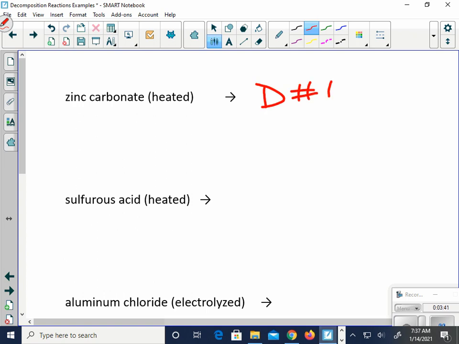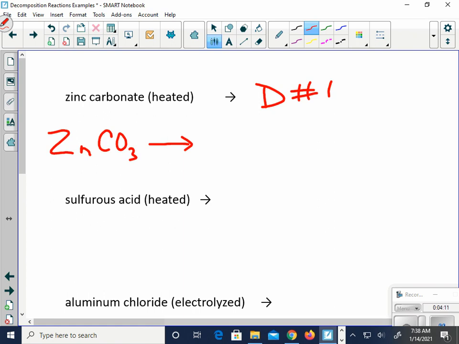So zinc carbonate, which is ZnCO3, is heated. Now, if I don't heat this, I do not have the amount of energy that is required to decompose zinc carbonate. If I have zinc carbonate sitting in a beaker, it's not going to decompose. I need to put some fire on it.